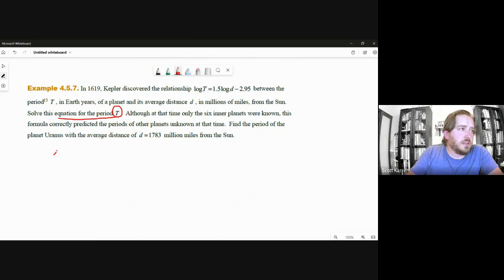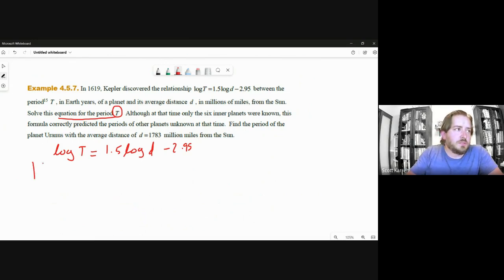So with this, log t equals 1.5 log d minus 2.95. To isolate the t, all I have to do is take everything raised to the 10th power.